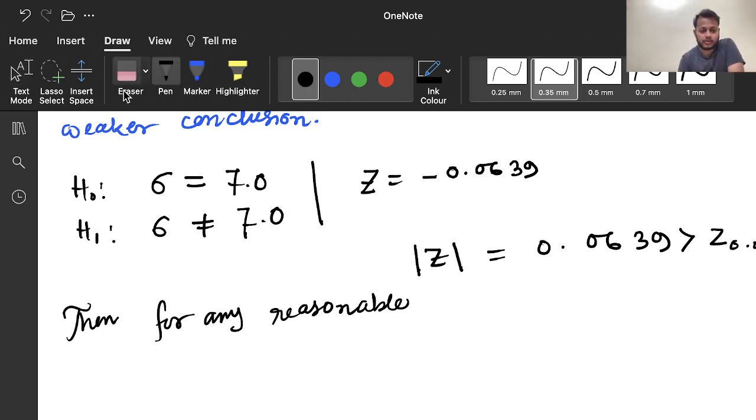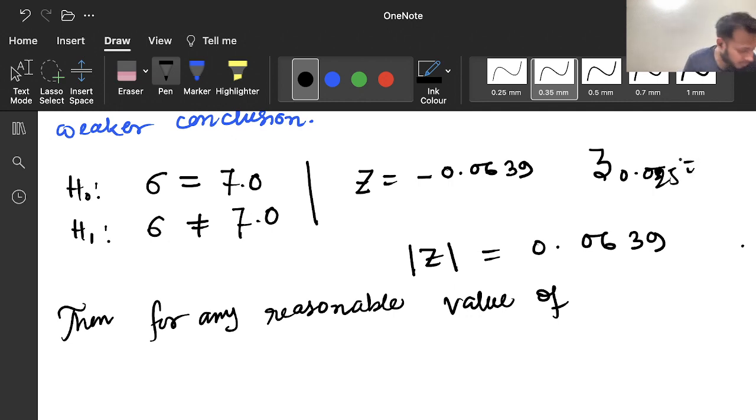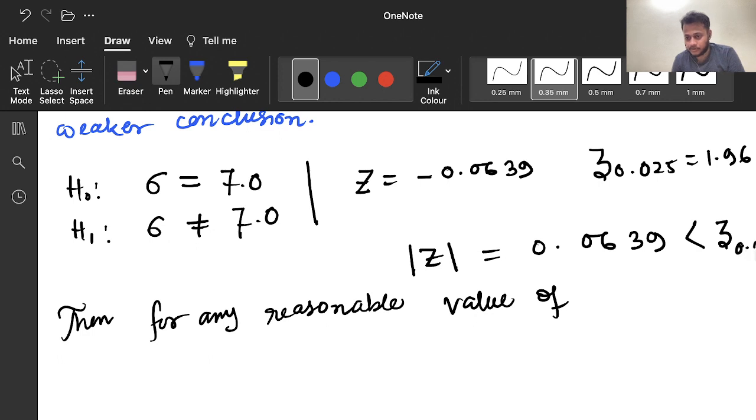I think it is not greater than 0.025. z 0.025 is 1.96, and you will see 0.0639 is certainly less than z 0.025.